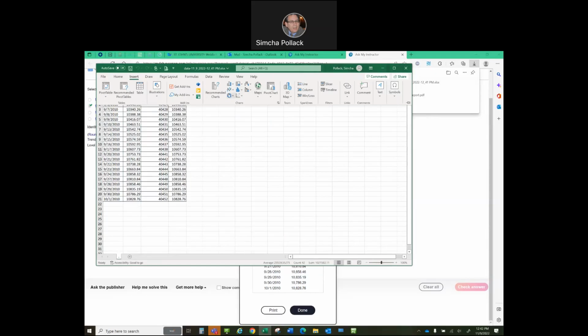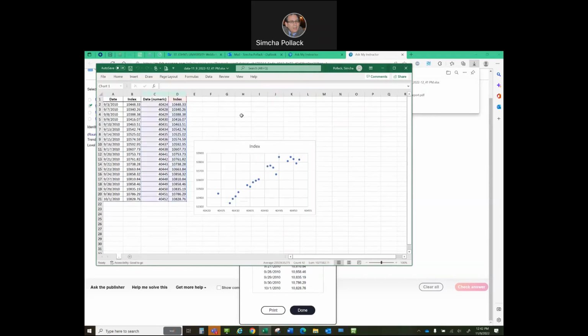We want to insert a scattergram, which involves an X and a Y chart. Click on the first one, and you have the X's, or the dates, starting with 40,000, and this is the index that went from about 10,300, 10,400, etc.